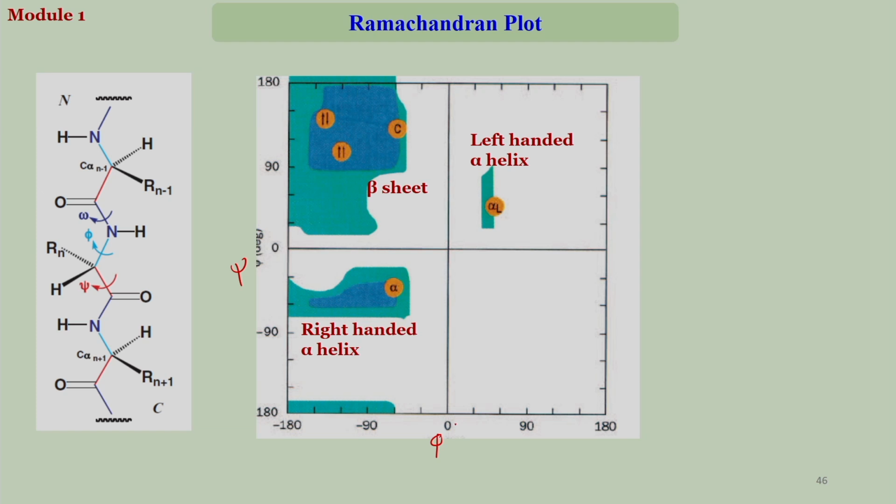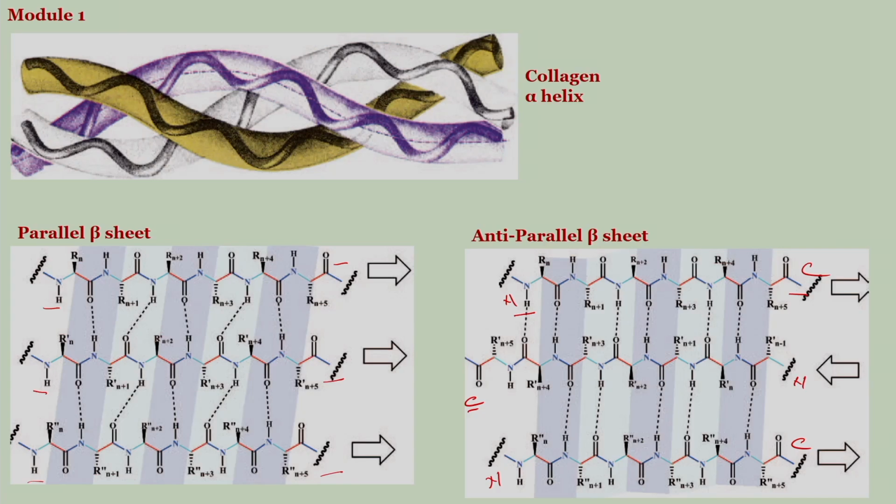If you have phi close to minus 135, which is somewhere here, and psi at plus 135, actually here, then you will see that they have an almost zigzag orientation. If you rotate the phi angle to minus 135 and psi to plus 135, you can see a kind of zigzag geometry, and zigzag geometry is good for beta sheet structures.